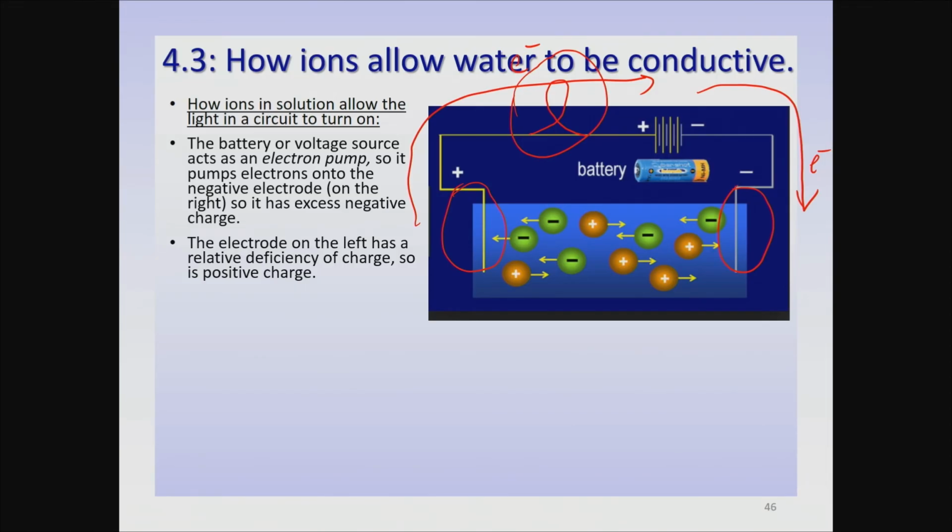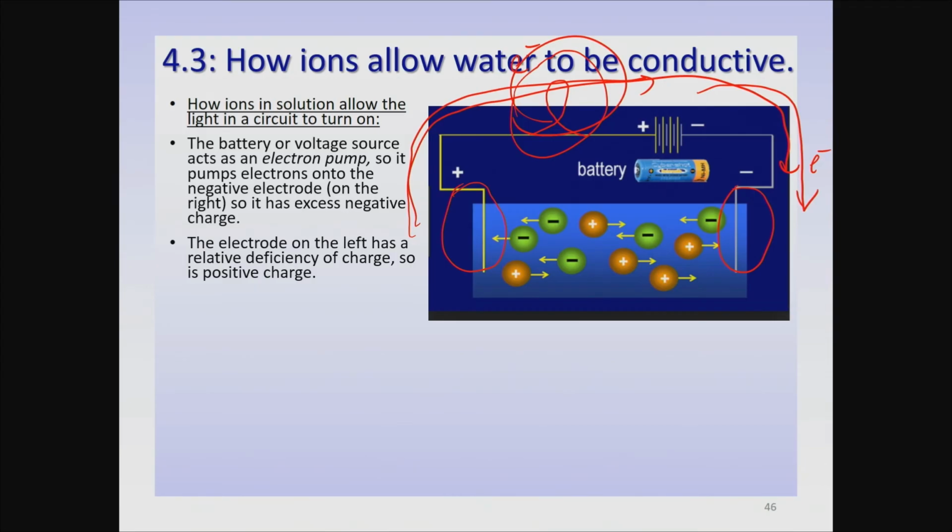And so the only way you can get circulation of electrons through this system to turn on this light bulb is to add something to the water to allow the water to be conductive so it can complete the circuit. So ions do that. Let me explain how that works. Once you add ions, you're going to add negative and positive ions to the water. The negative ions are going to be heading to the positive electrode, and the positive ions are going to be heading to the negative electrode.